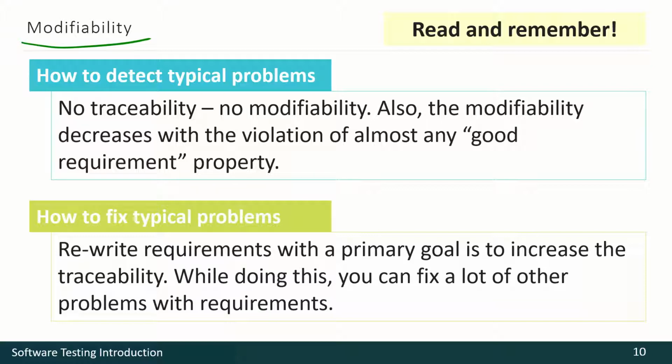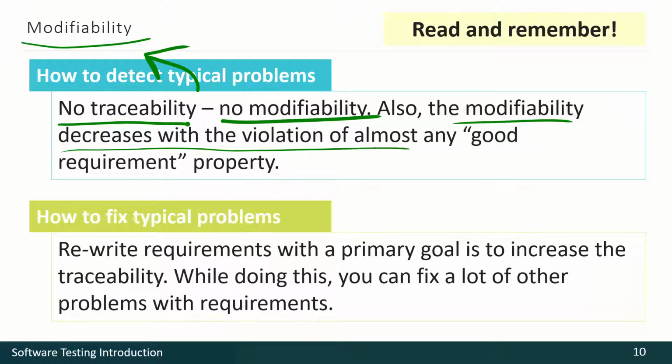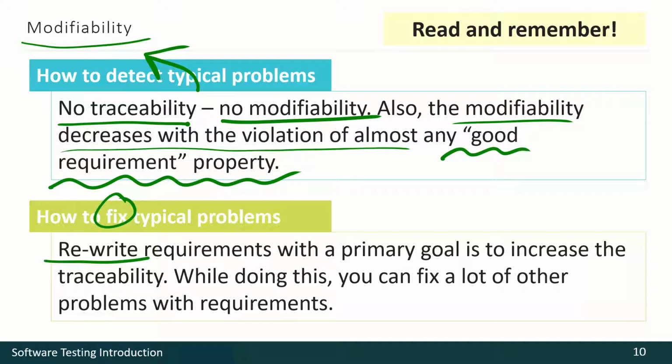How to understand that there are troubles with the modifiability? No traceability, rewind for a couple of minutes back if you need. No modifiability. And the modifiability decreases with the violation of almost any other good requirement property. So how to fix?